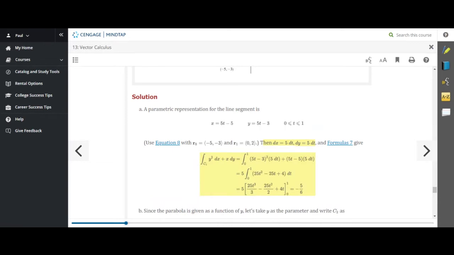Does what you see in the yellow box, the computation where they're adding the two line integrals for the curve C1, the line segment, make sense?